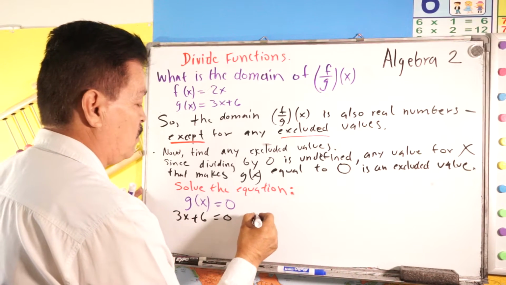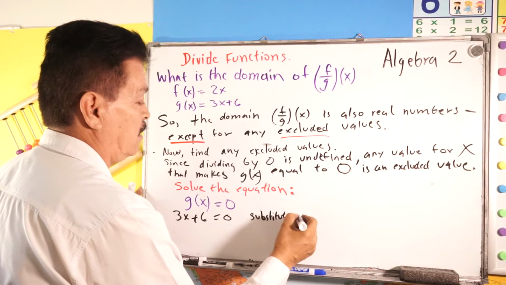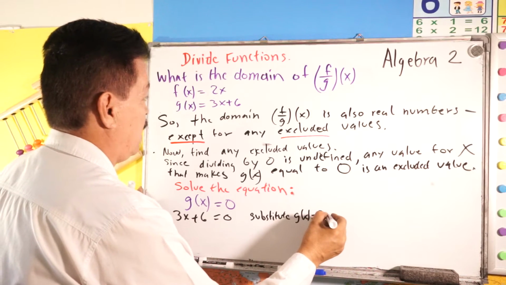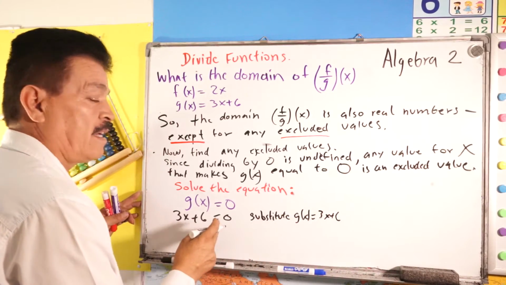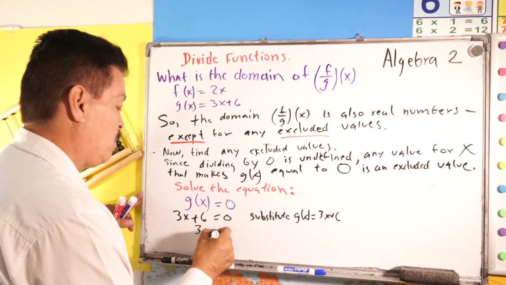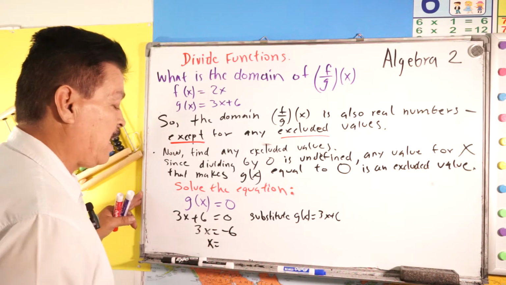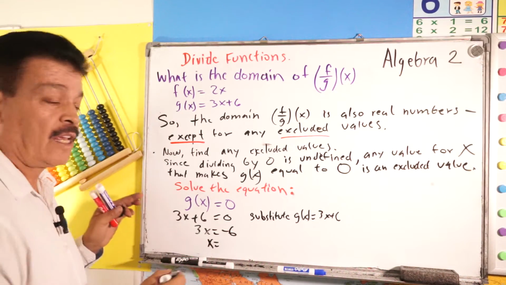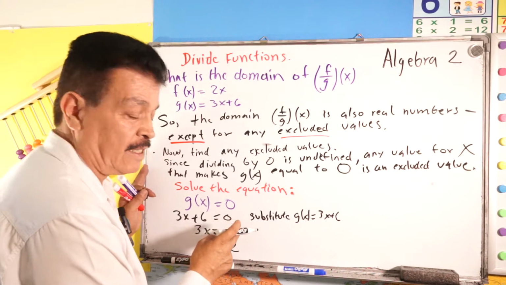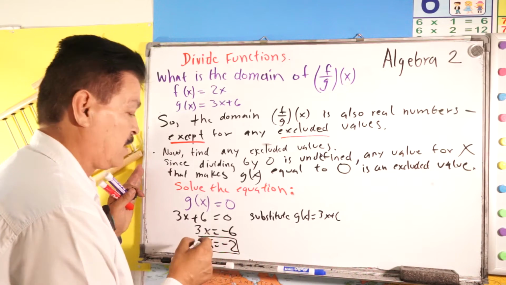Substitute g(x) equals 3x plus 6, so 3x plus 6 equals 0. Now simplify: 3x equals negative 6, so x equals negative 2, because negative 6 divided by 3 is negative 2. This is our answer.